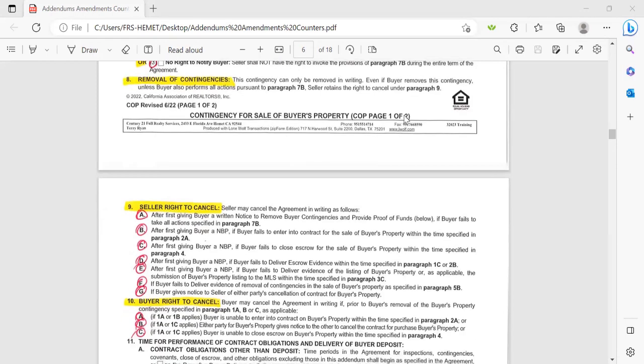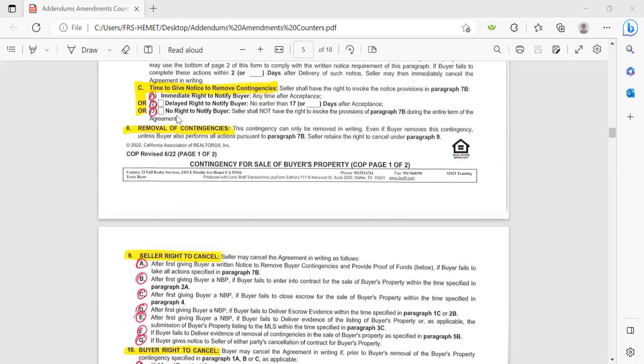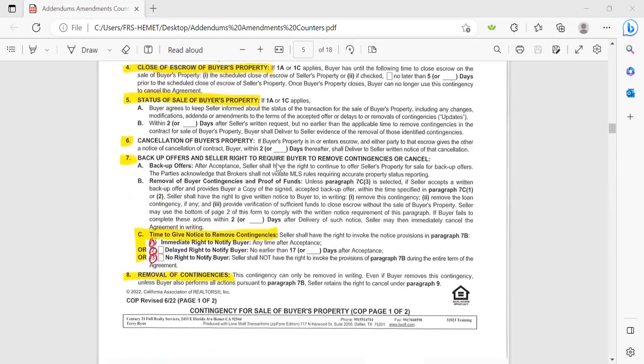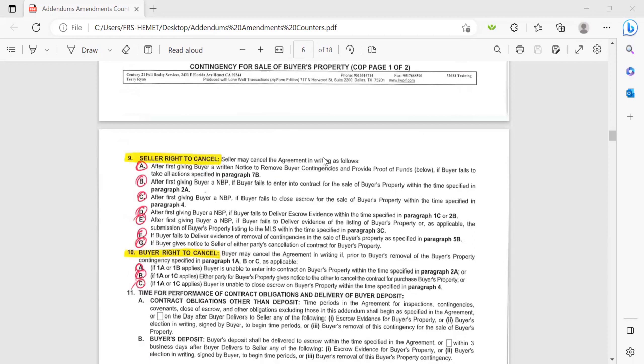And I hate this one here, although some people try to sneak it in: seller shall not have the right to invoke any of the paragraph 7 provisions for the entire length of the contract. So if I've got a 45-day contract and they still haven't sold their property, basically I'm just sitting and waiting. So I don't like any of that.